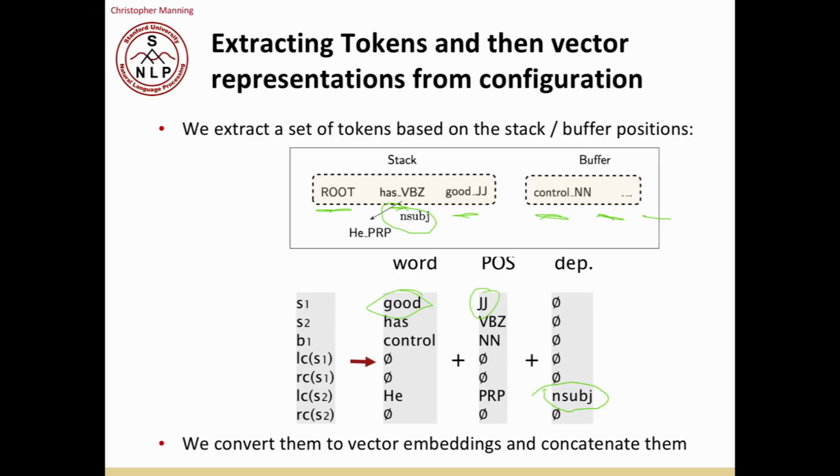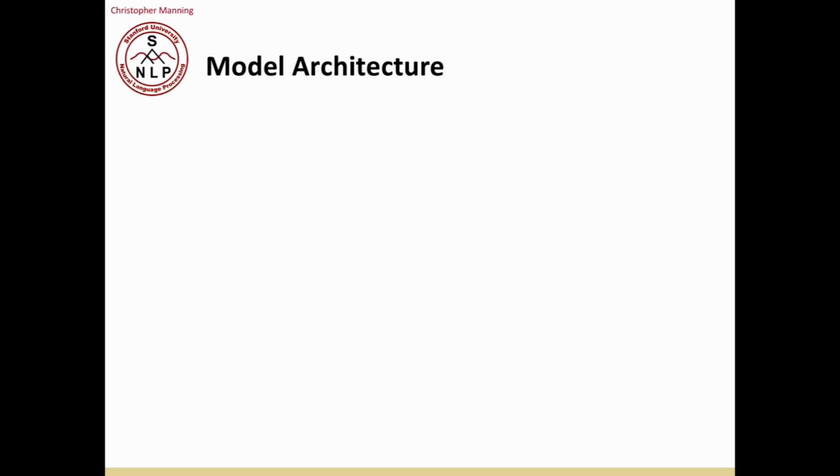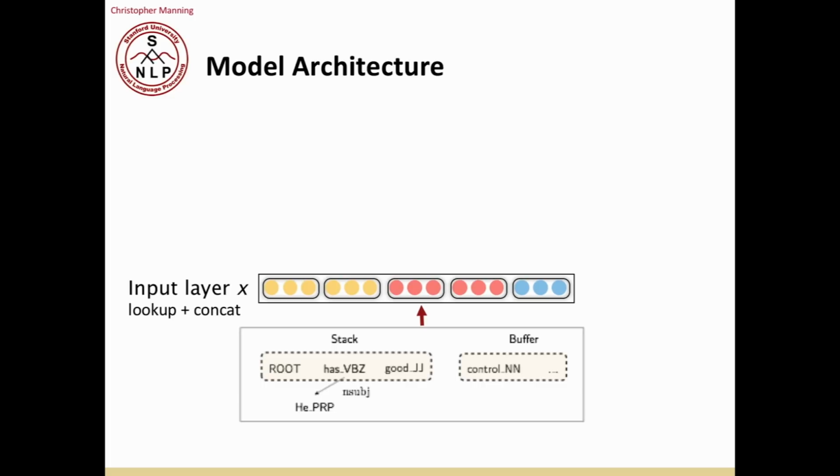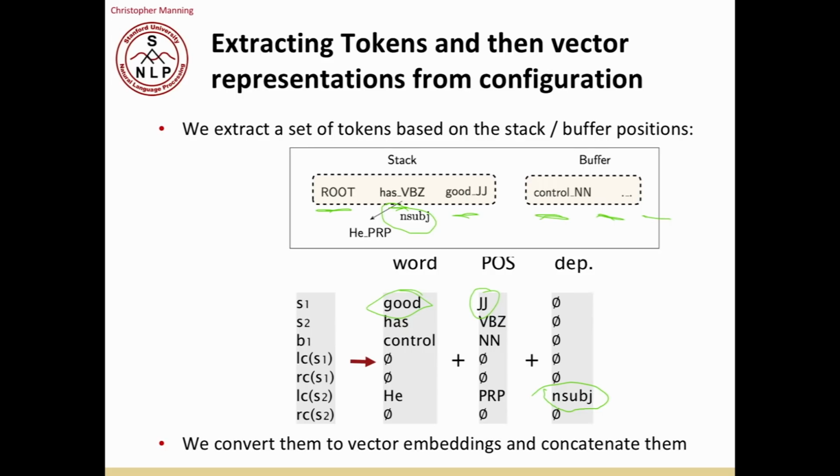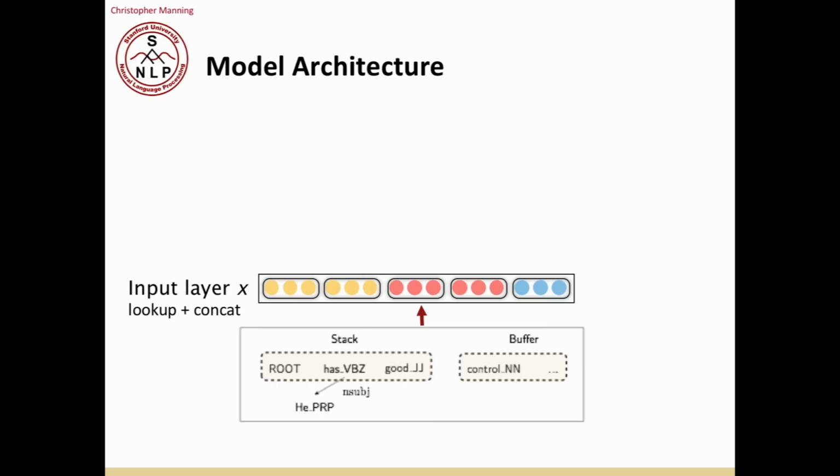So our neural network is just a very simple classifier of the kind that we were talking about last week. So based on the configuration, we create an input layer, which means we're taking the stuff in these boxes and looking up a vector representation for each one and concatenating them together to produce an input representation, similar to when we were making those window classifiers and we can concatenate a bunch of stuff together.